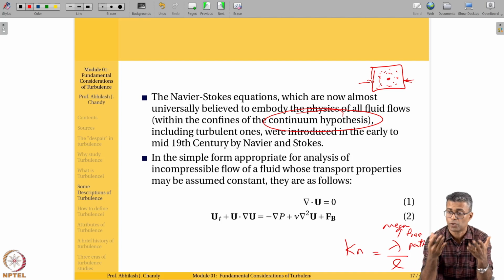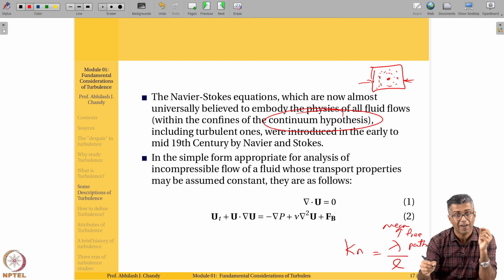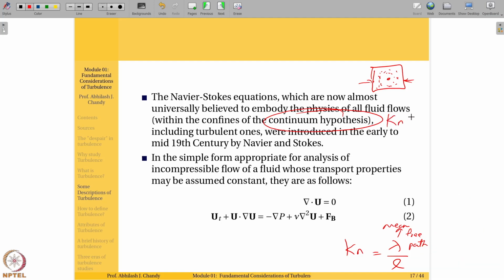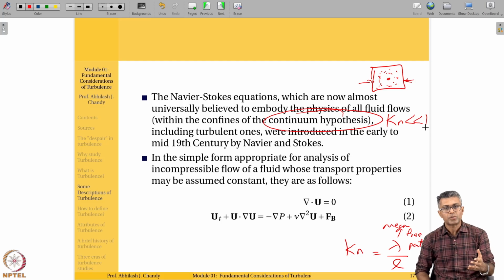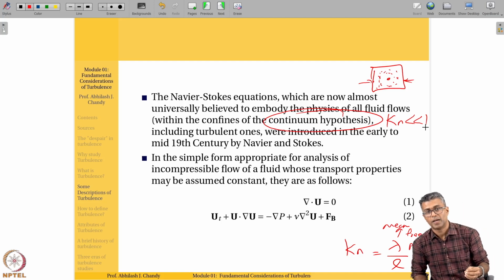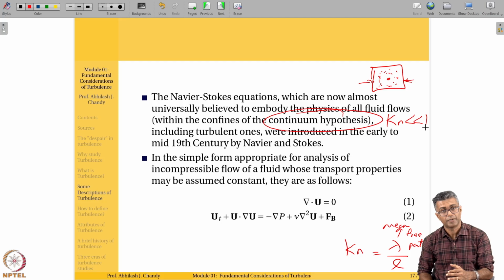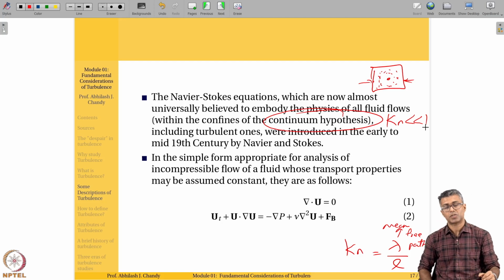Because the distance between two molecules sort of determines the mean free path. L is the characteristic length scale. For the continuum hypothesis to be valid, the Knudsen number has to be very small, much less than 1. That's what the continuum hypothesis is. So in most applications, especially engineering, and in most of the applications in nature, the Knudsen number is very, very small, much less than 1. That means the continuum hypothesis is valid. That means the Navier-Stokes equations can be used.